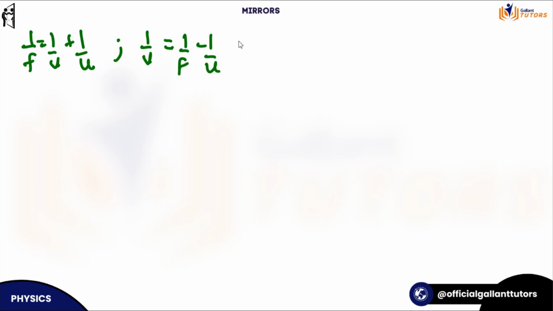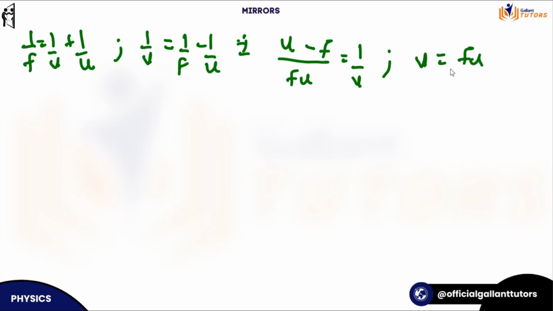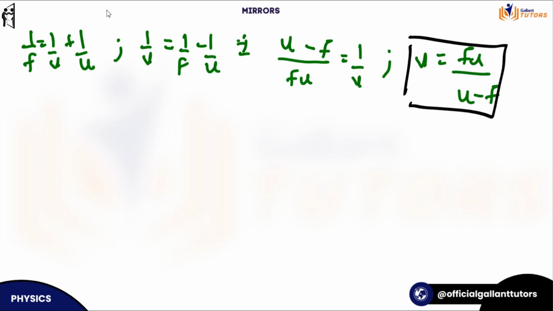If we have 1 over F equal to 1 over V plus 1 over U, and try making 1 over V the subject, we are going to have 1 over V equals 1 over F minus 1 over U. Now, taking the LCM, we put FU here, so we have U minus F over FU equal to 1 over V. Now, making V stand alone, we just flip it, meaning V is equal to FU over U minus F. Hold on to this formula, it will come in handy in future.